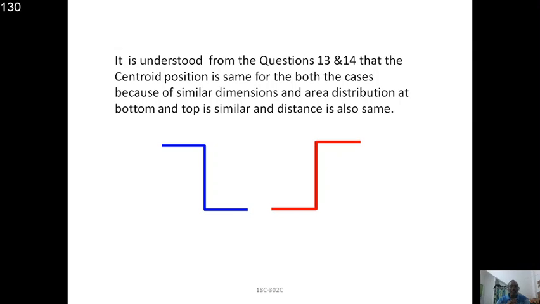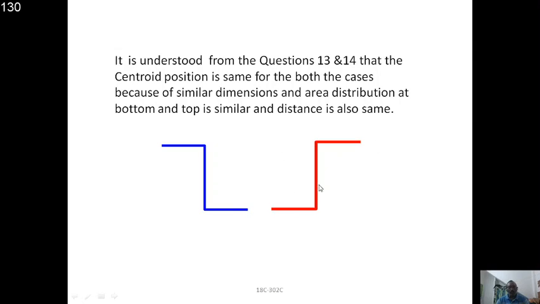So the same thing has been explained for your better understanding. It is understood from questions 13 and 14 that the centroid position is the same for both the cases, because of similar dimensions, and the area distribution at bottom and top is similar and the distance is also the same.